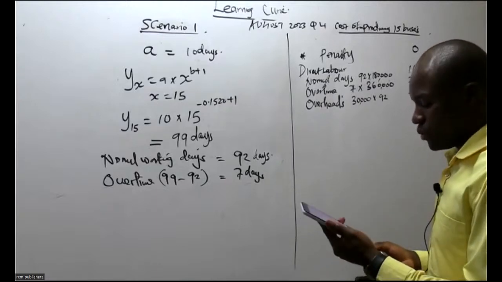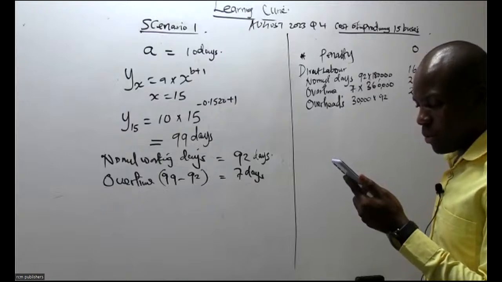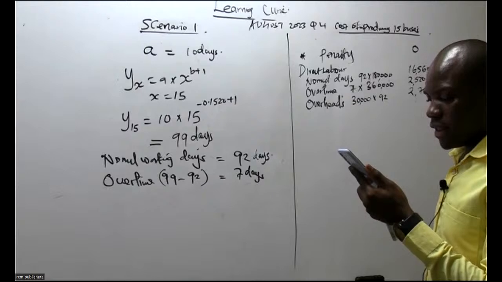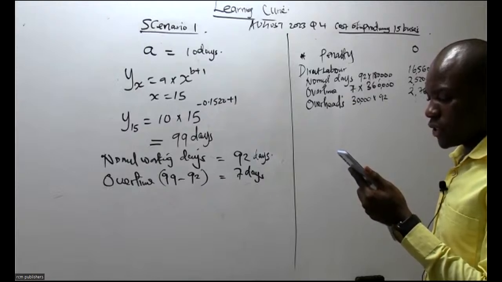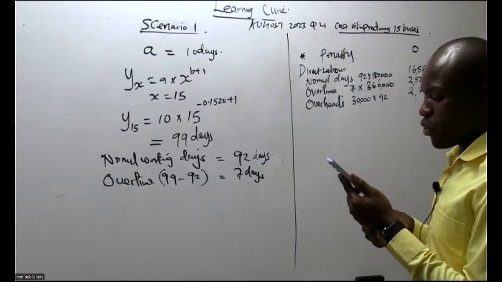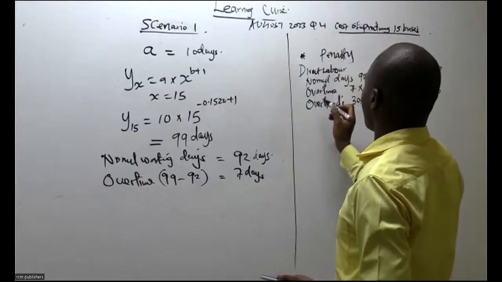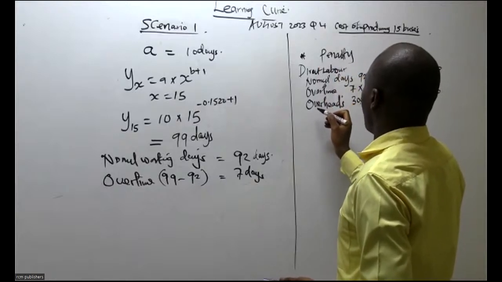2,760,000. Good. Having done that, we are being told in number 6 that the management accountant estimates direct material cost per bus is 2.5 million. So we have now direct material, which was supposed to be the first one.